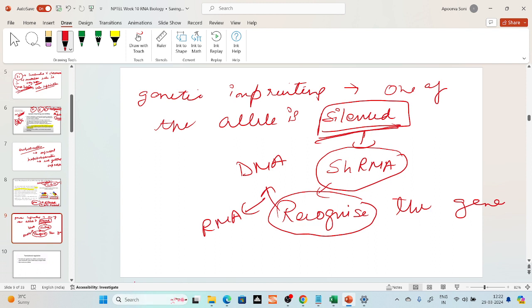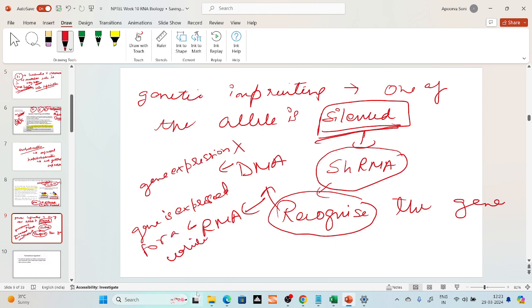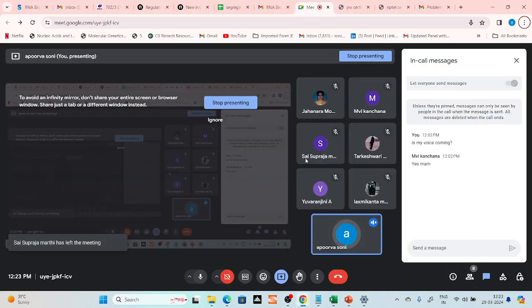If it follows a DNA recognition model, there is no need of gene expression. If it is an RNA recognition model, the gene has to be first expressed for a while and then it will be silenced with the help of shRNA. So here, the gene is expressed for a while. Okay. So is this clear now? Now is it clear to everybody?